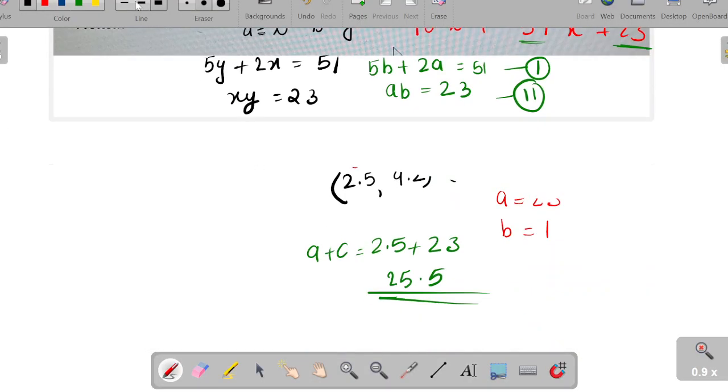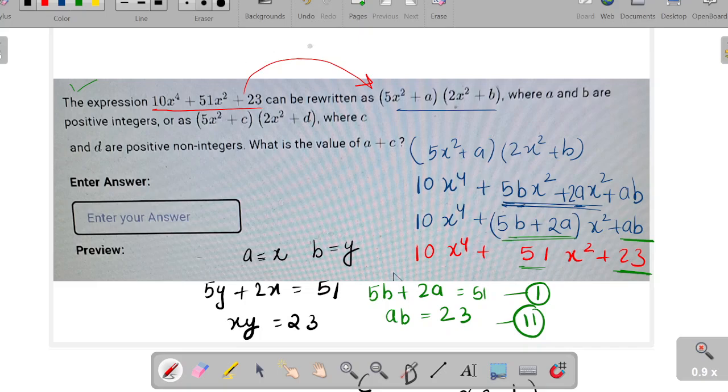So I have to add only A and C. I'll add 23 plus 2.5, which gives me 25.5. So that's how we have to do the question.